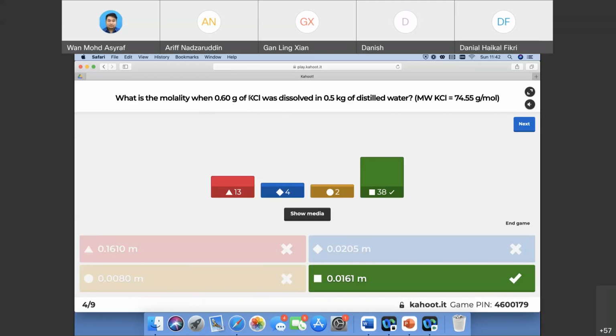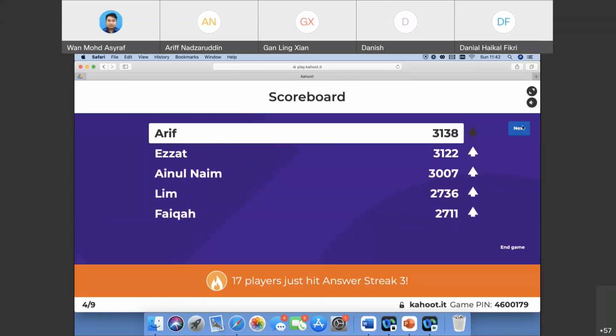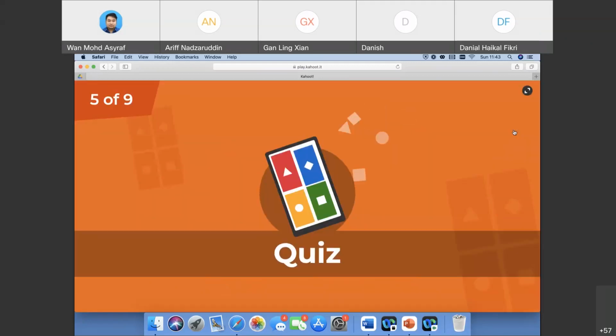So mole in terms of here adalah 0.6 divided by the molar mass 74.55 gram, and then you got the answer of mole divided by 0.5 kilogram of distilled water. Right? So you got 0.016. Alright. Siapa yang paling pantas? Arif. Alright, that's good.